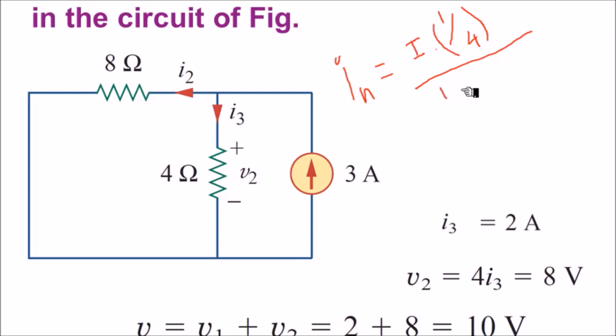So we have the 4 ohm resistor, so 1 by 4, plus 1 by 8.